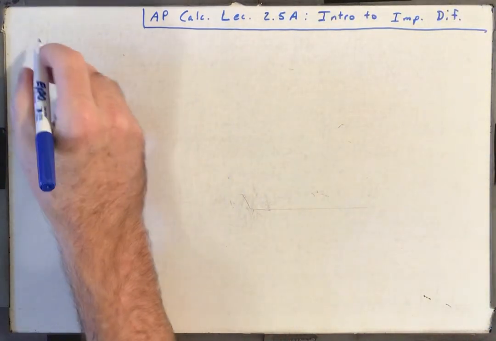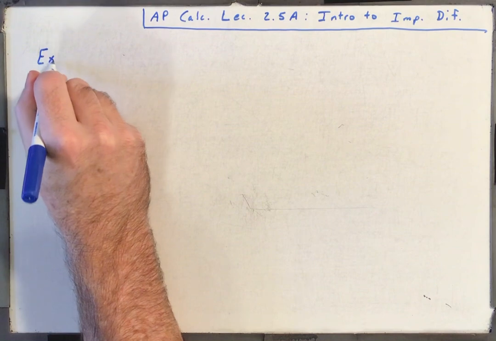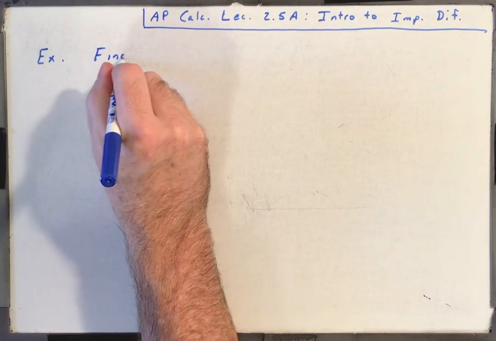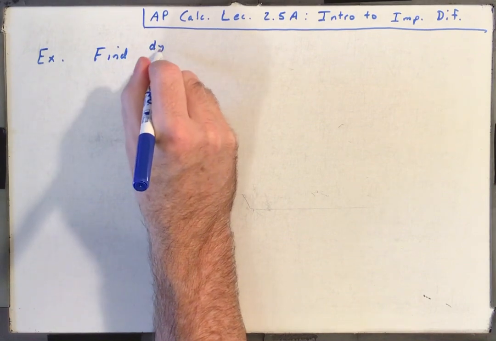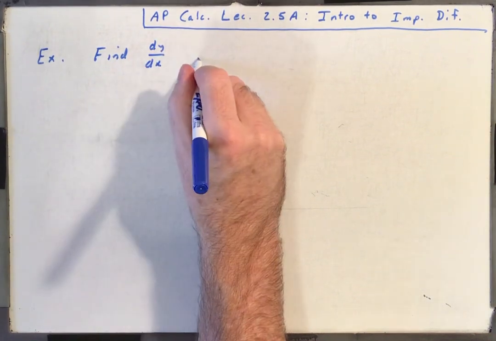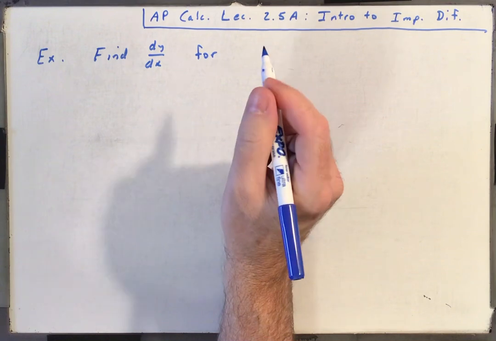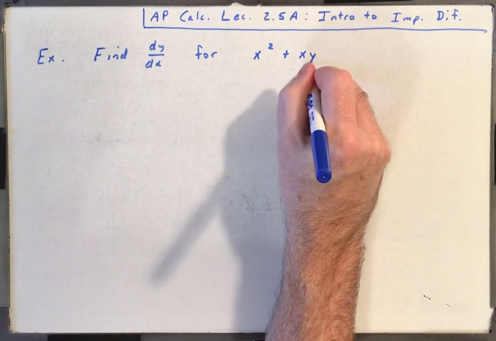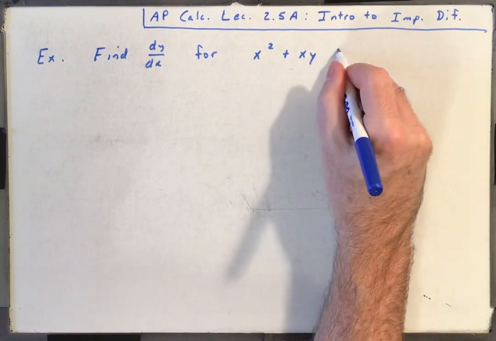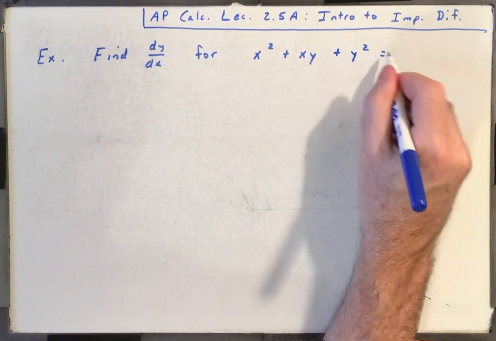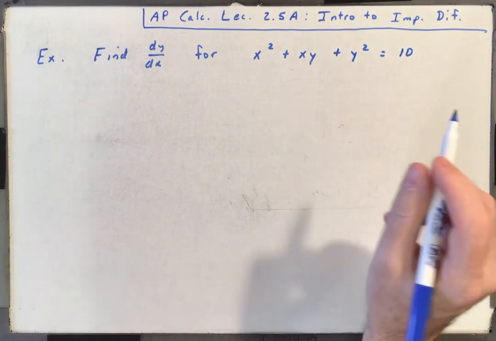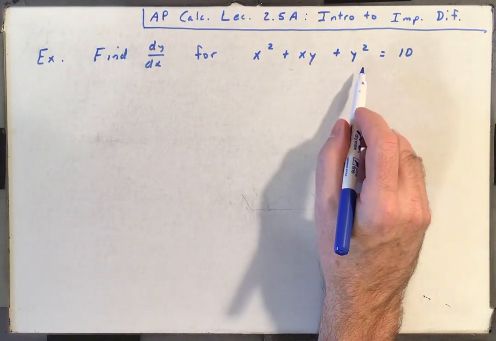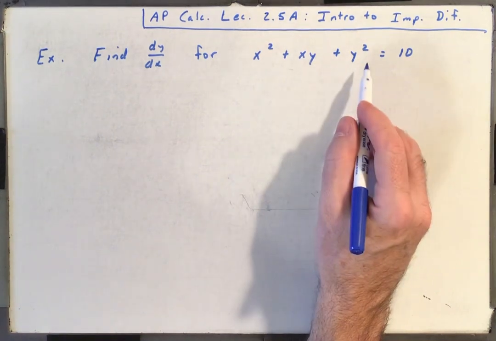So our next example is we want to find dy dx for x squared plus xy plus y squared equals 10. All right, so we've got the x's and y's all mixed up here, so we can't take the derivative the old-fashioned way.